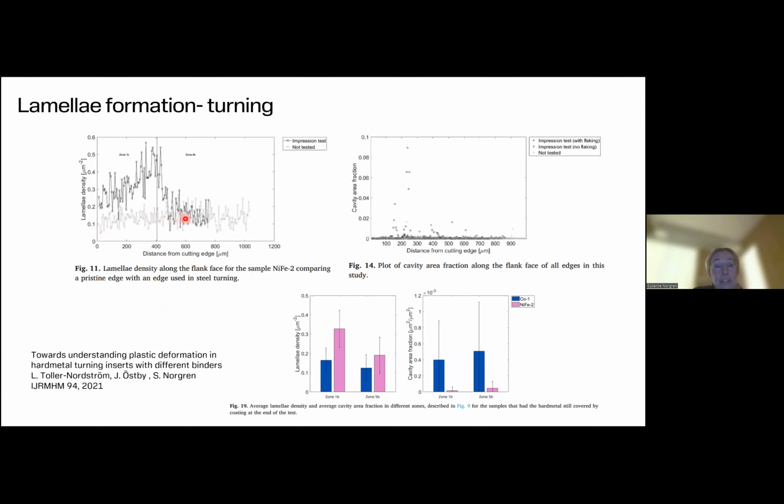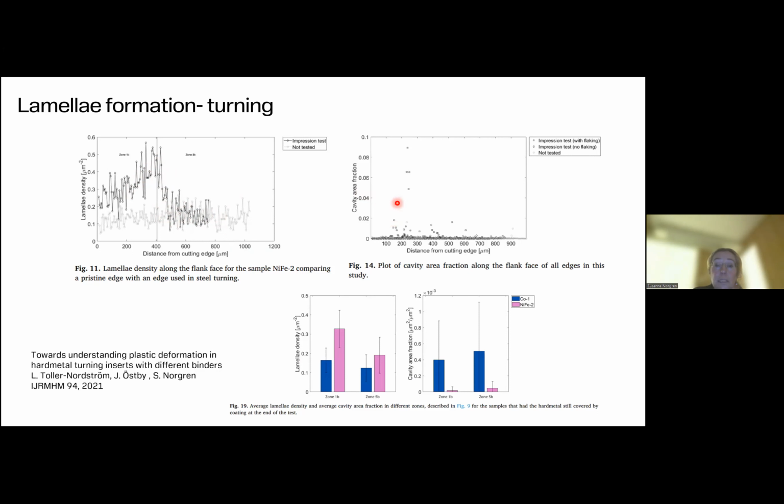And in light gray, it was the lamella density of an insert that had not been used for turning or plastic deformation. While the black one was a case where you had done turning and got the plastically deformed insert. So you can clearly see that there is a huge difference in the amount of lamella formation as a function of the plastic deformation.